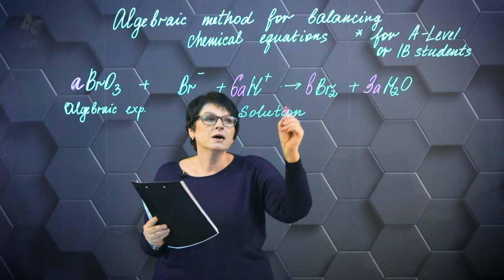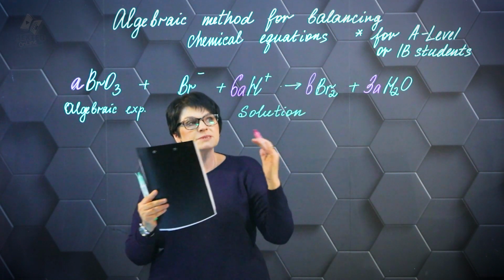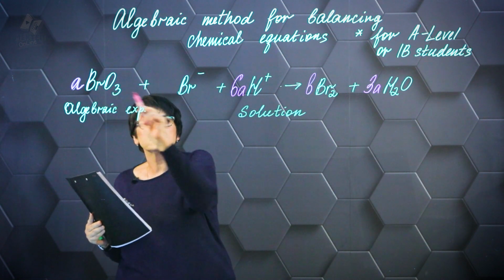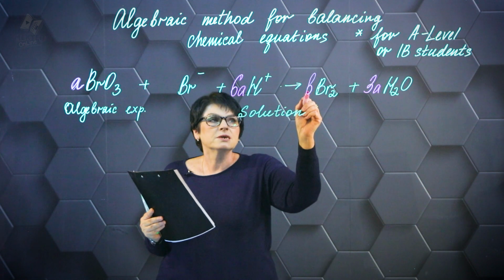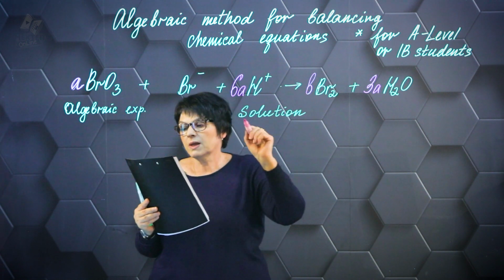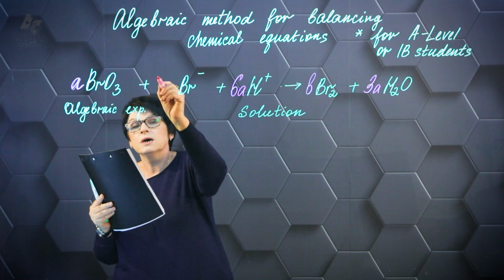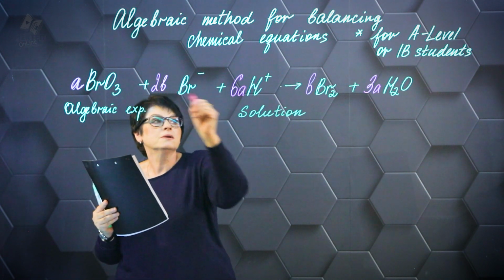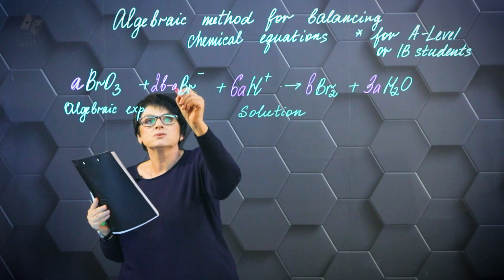Why have we done that? Because the bromine on the right-hand side is a joint bromine, obtained both from here and from here. It's combined. Here we can see it's Br2, so the bromine coming in here is going to be 2B minus this A. That's how we got the letter coefficients.